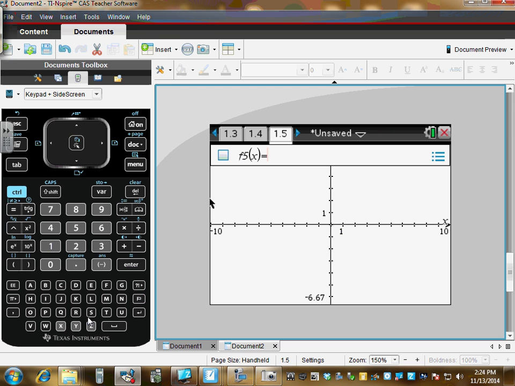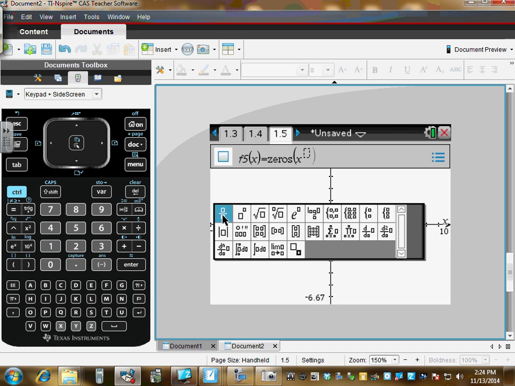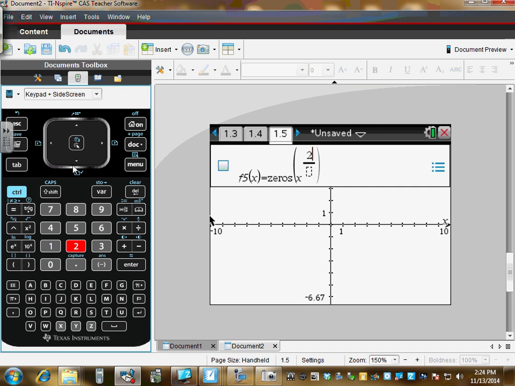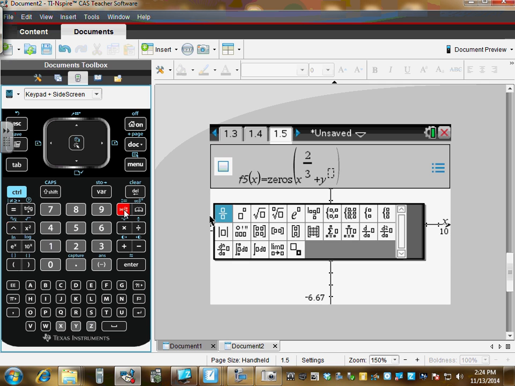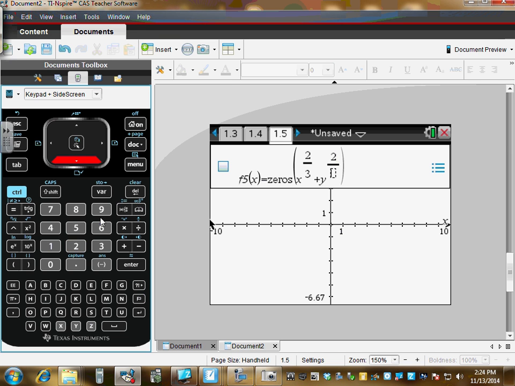And let's type in zeros. X to the 2/3 plus y to the 2/3.